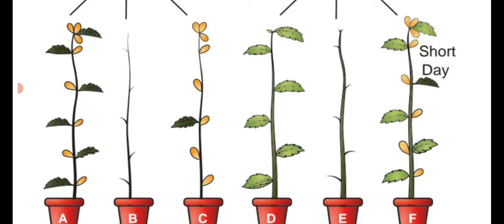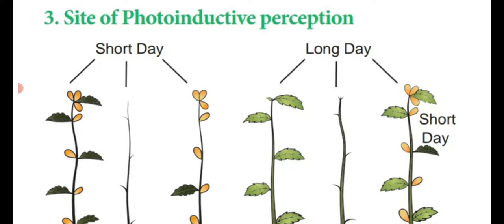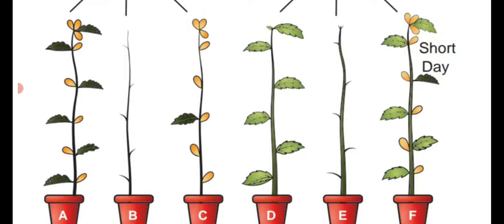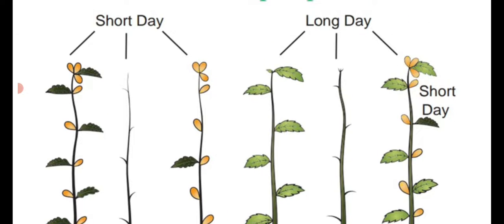Second one, there are no leaves, so there is no flower formation. Third one, only one leaf is there. Even though they have only one leaf, they are producing the flowers, because they are given short critical day length.